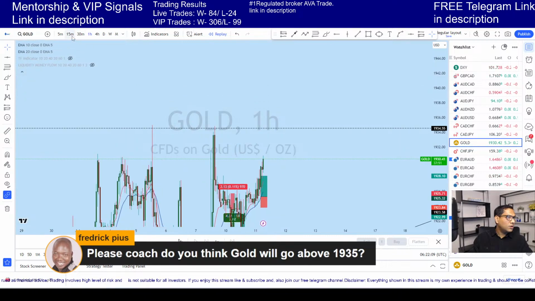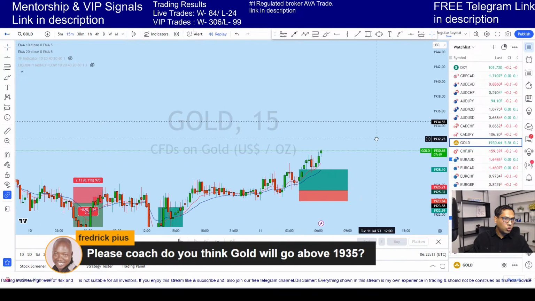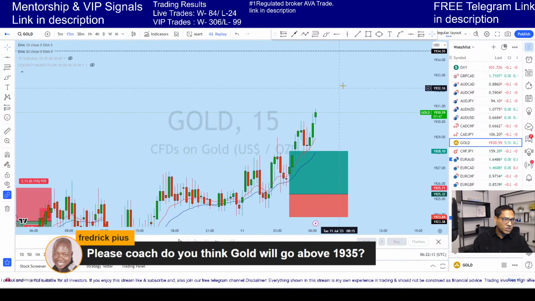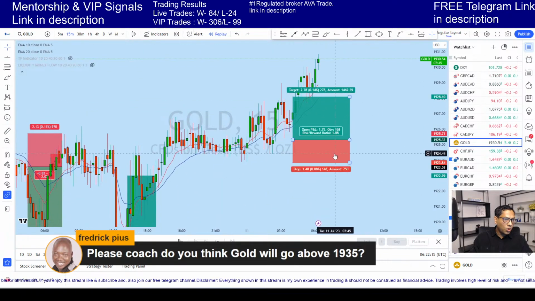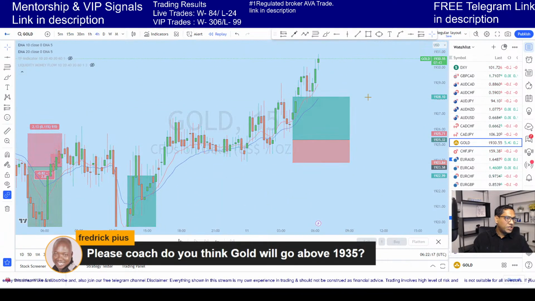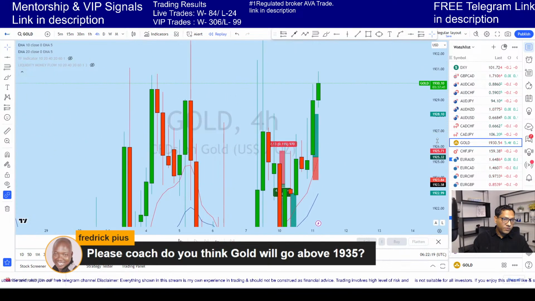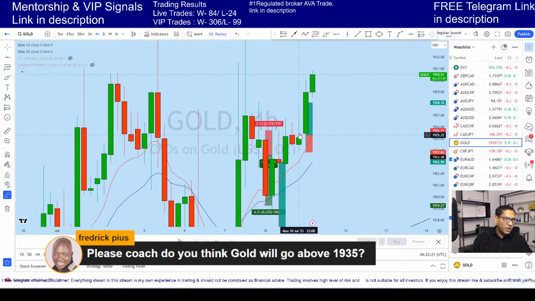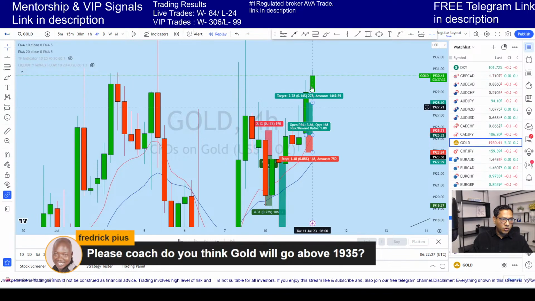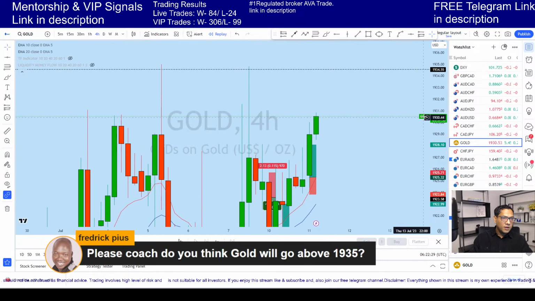So trading is like that. You always need to rely on the current price action. This is why multi-time frame is very important. The trade that we have open, you can see a shooting star. This is where exactly I bought gold, and from that the price has gone up like this.